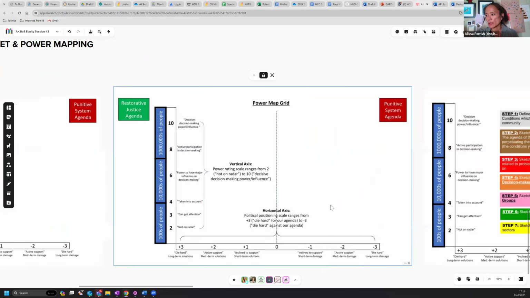And as we move along, the bottom is just explaining how we are mapping and how we are using this grid to understand the spheres of influence and the degree of influence different change makers have and whether they are more for our agenda or against our agenda.